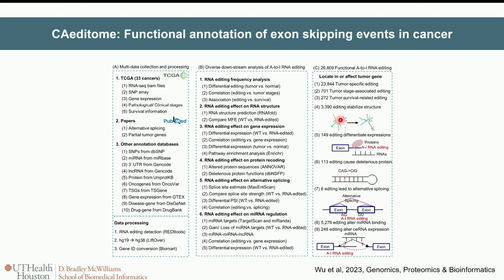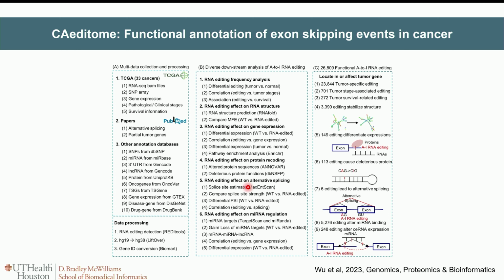I think the image changed. So we tried to perform the functional annotation of RNA editing events, like RNA editing frequency and associations, how RNA editing can affect the RNA structure, how it affects gene expression, and how it alters protein recoding.